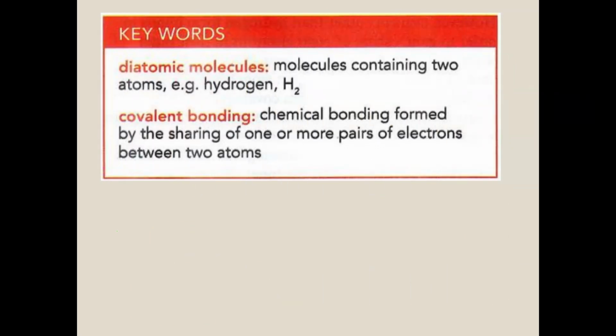A diatomic molecule is a molecule that is formed from binding two similar atoms together, like hydrogen, H2. A hydrogen atom will bind to another hydrogen atom. O2 is another diatomic molecule, so one oxygen atom will bind to another oxygen atom, and the bond here is covalent because they are sharing a pair of electrons.